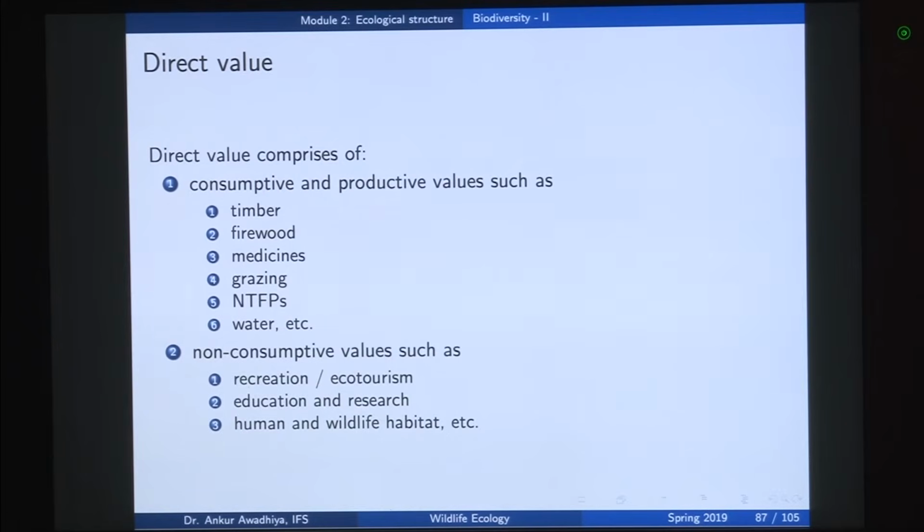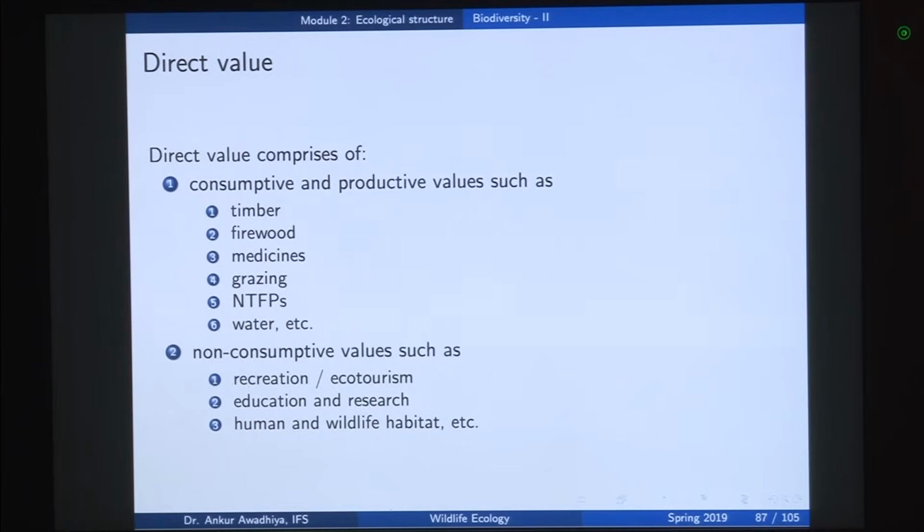Now, if we are conserving biodiversity, then we are ensuring that we have all of these direct values that are available to us. So, if you have a forest and there are a number of medicinal plants that are found in the forest. So, for instance, trees like cinchona. Now, cinchona, the bark of this tree was the first one to be used against malaria.